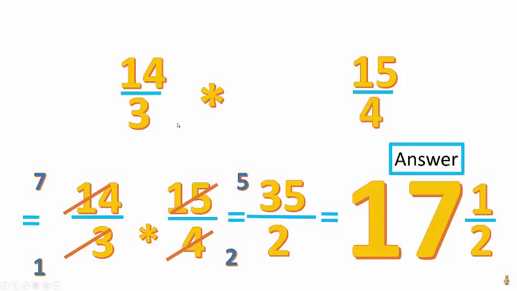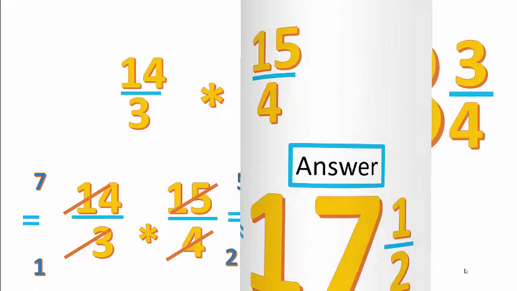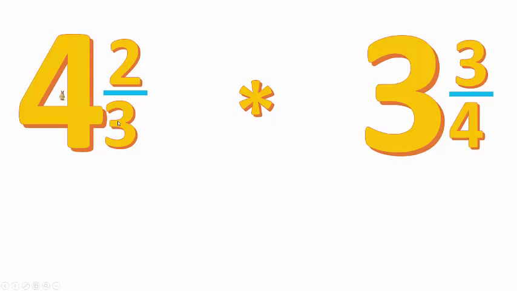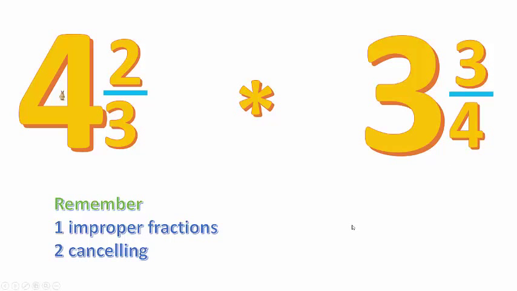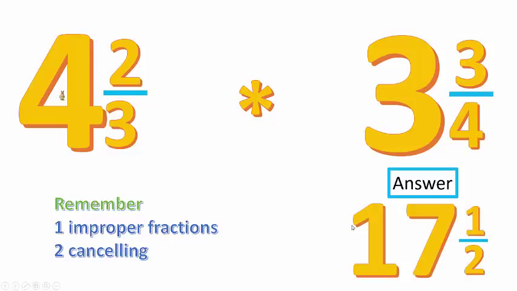So the answer to this is that. Let's go back. 4 2/3 times 3 3/4 was 17.5.